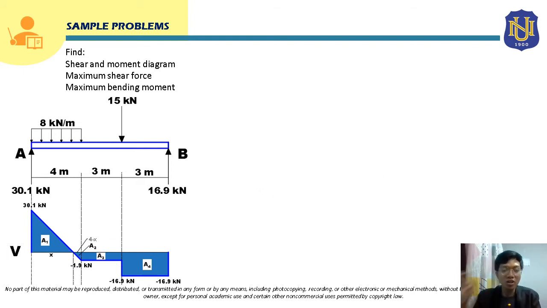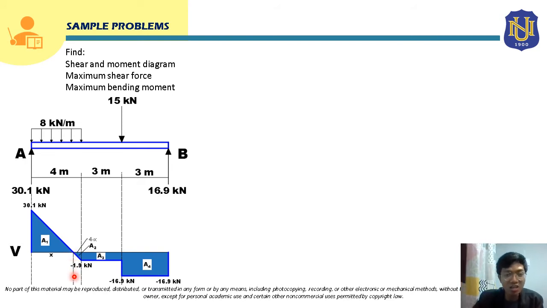So let's say, for this shear diagram, from this point up to this point, this distance is x. We are going to solve the moment at this point, that is at this distance x.